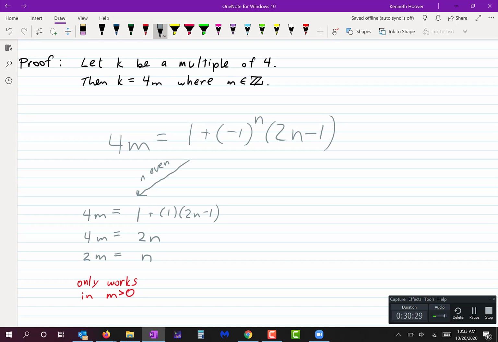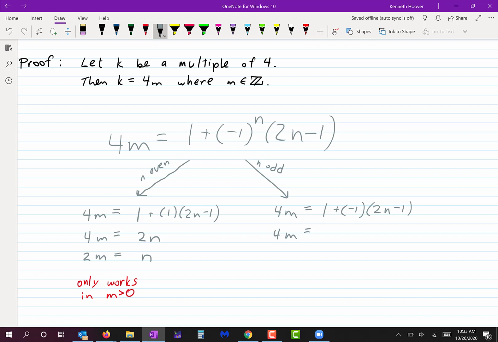Let's say, what if n came out to be odd? In that case, 4m equals 1 plus negative 1 to the n times 2n minus 1 only if 4m equals 1 plus negative 1 times 2n minus 1, which would mean 4m would be equaling what? 2 minus 2n, right?